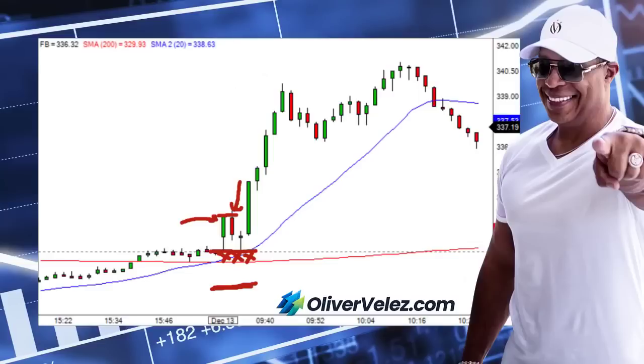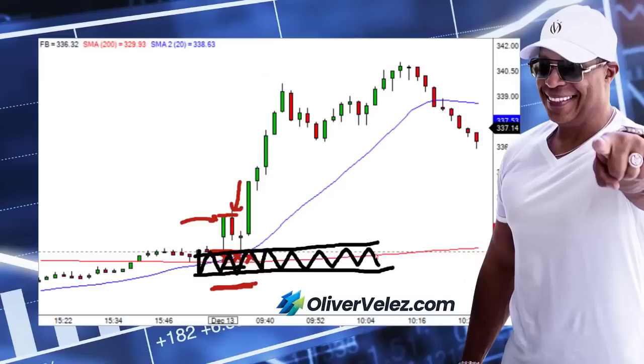Now there's a mistake if you just simply say, I'm just going to put my stop under the 200, because the 200 is a zone. It is not a skinny line, as the chart would have you believe. So instead of guessing where under you should be, you should have something that's basically easy and consistent.